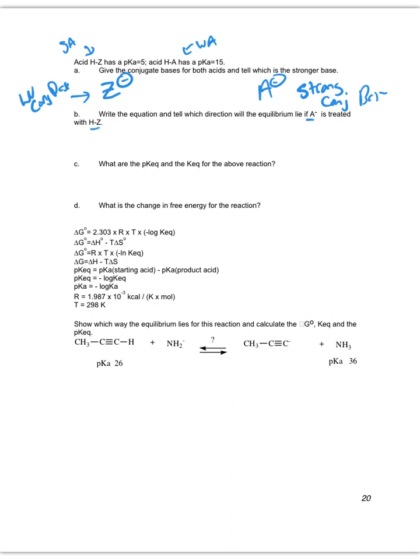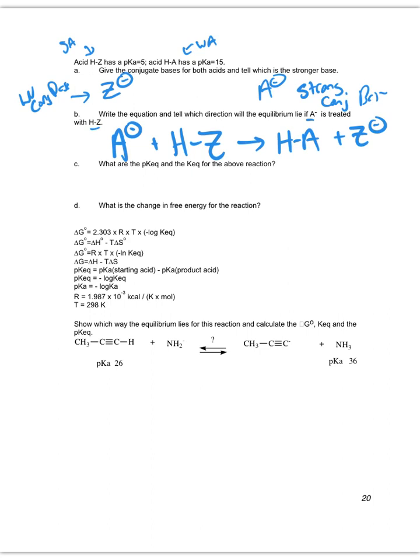Well, A minus plus HZ, if the reaction were to proceed, we would transfer a proton from HZ to A minus, so we'd have HA plus Z minus if the reaction were to proceed as written.